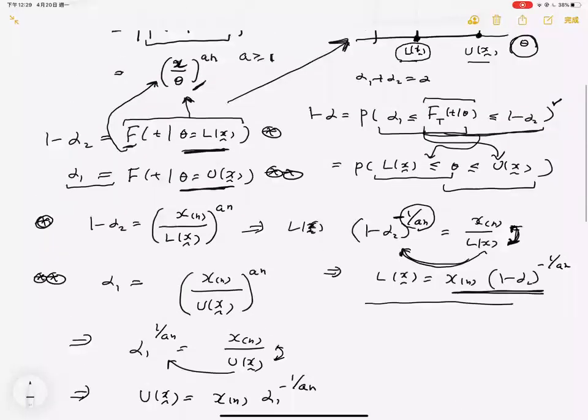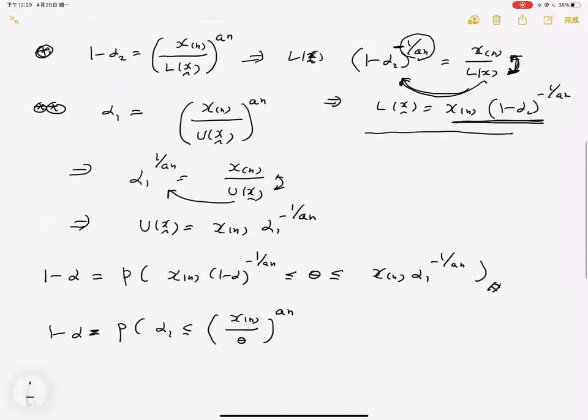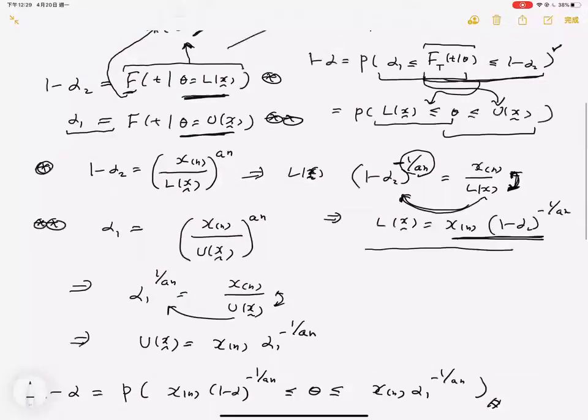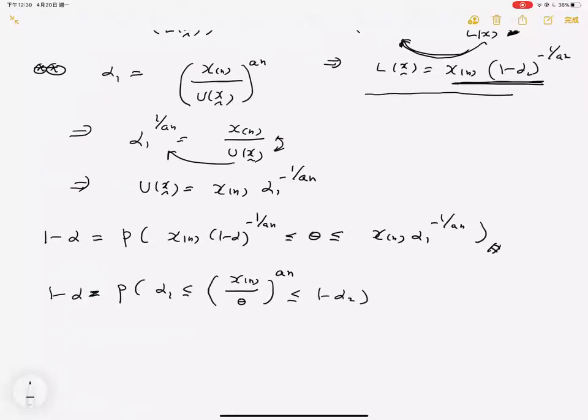And theta an, I think. Yep, and then smaller than 1 minus alpha 2. Let me double check. Yep, I think so. So you may wonder, why not just work on my algebra directly?